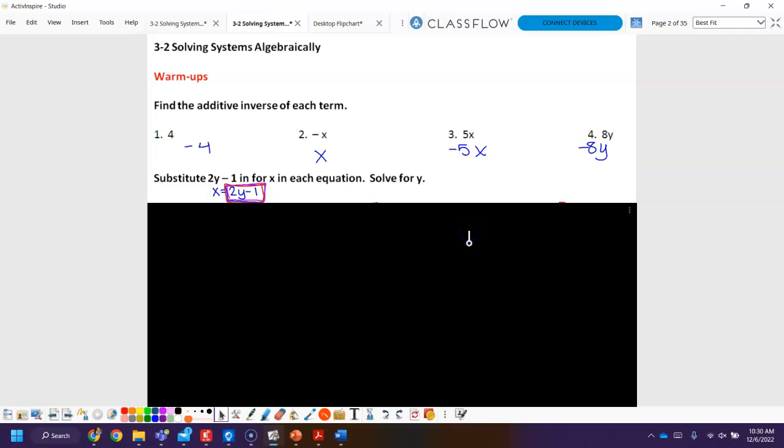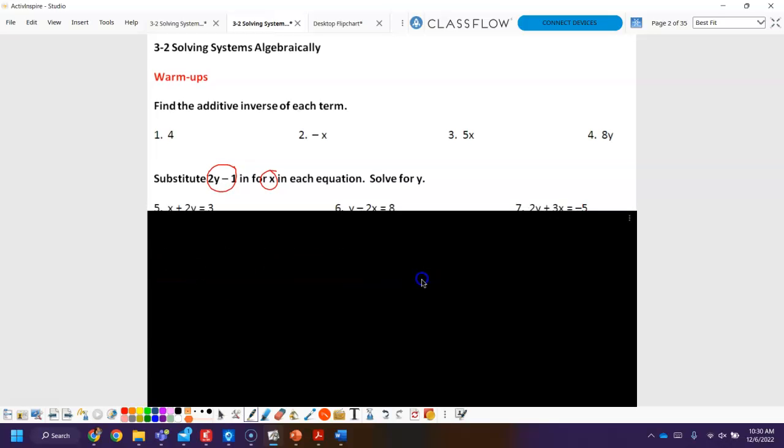So in that warm-up, what we're going to do is replace x with 2y minus 1. We're going to substitute it in.